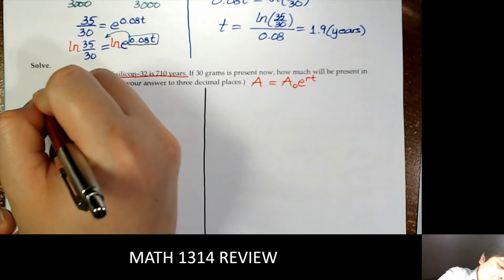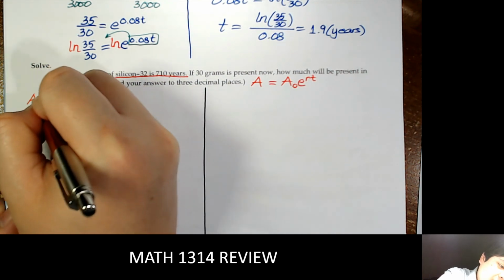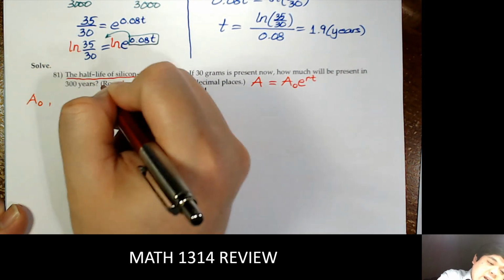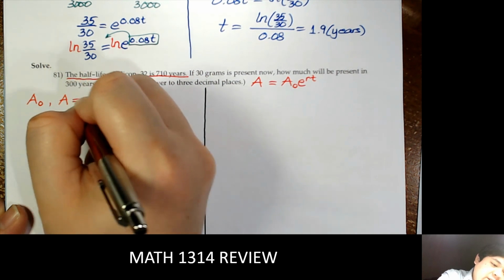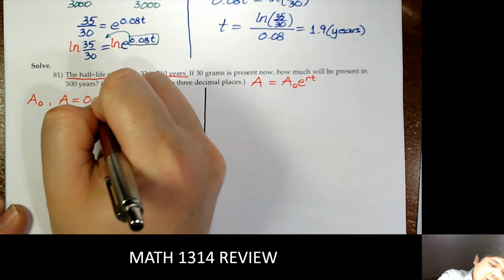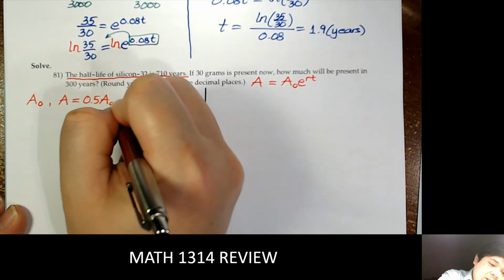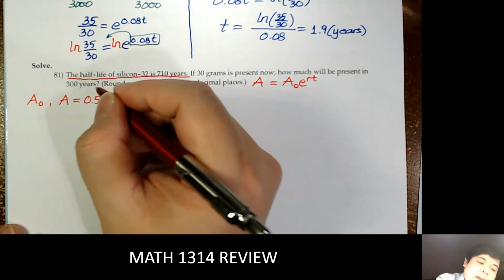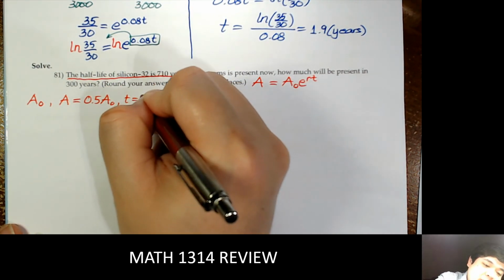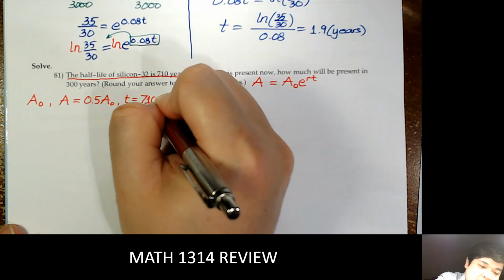Meaning that if initially we have A naught, and then half-life meaning we have half of it, and it will happen after 710 years.